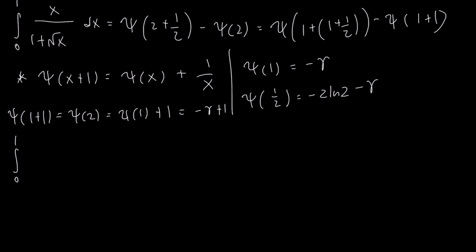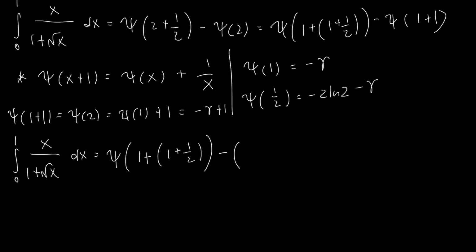So we have that the integral from 0 to 1 of x divided by 1 plus the square root of x dx is digamma of 1 plus a half, and then minus digamma of 2, but we said that's negative Euler's constant plus 1.